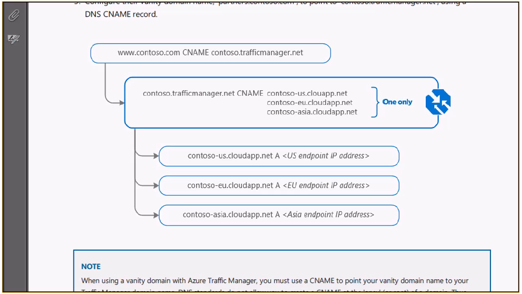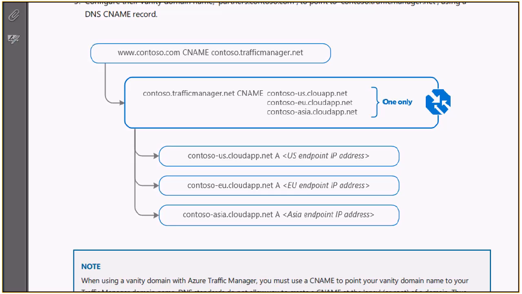The user will hit a global endpoint, that of Azure Traffic Manager. You create a CNAME record, and your name will be something like your application name.trafficmanager.net, and on top of that you create a CNAME record in your DNS server for your website. From there you resolve to Traffic Manager.